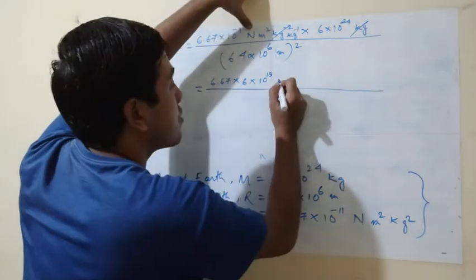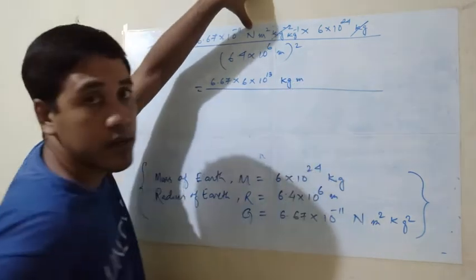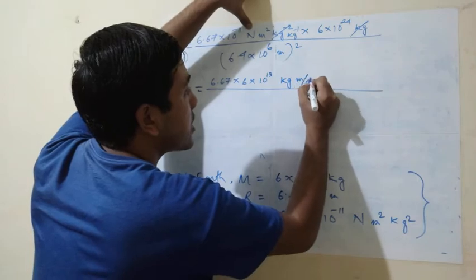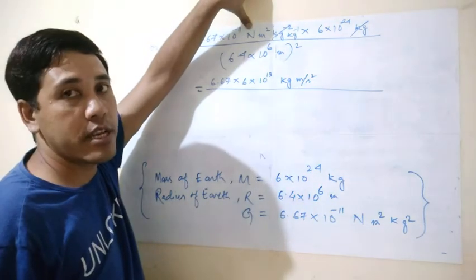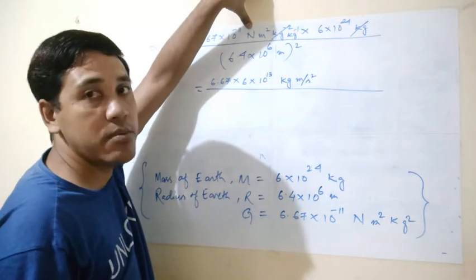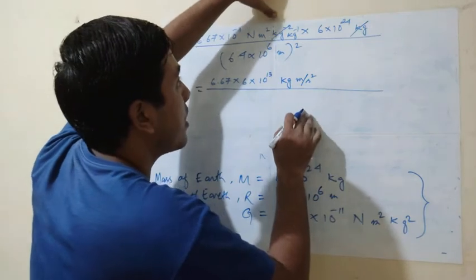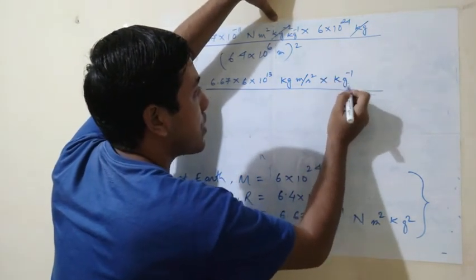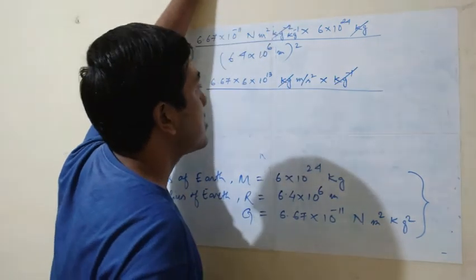This Newton is equal to what? Kg meter per second square. Newton is equal to kg meter per second square, since F is equal to ma. Then in here into kg inverse 1, this kg inverse 1 I am cancelling.